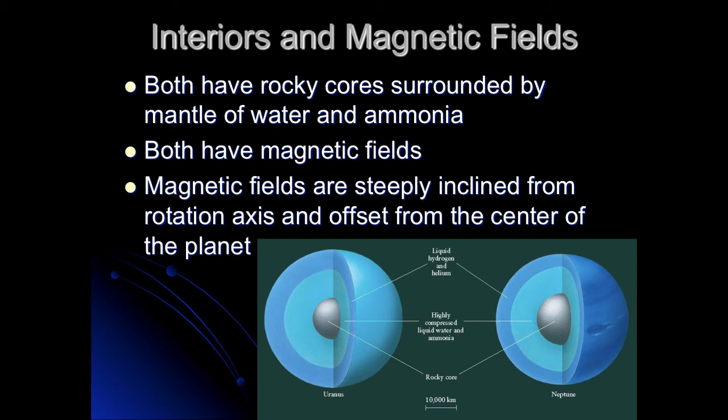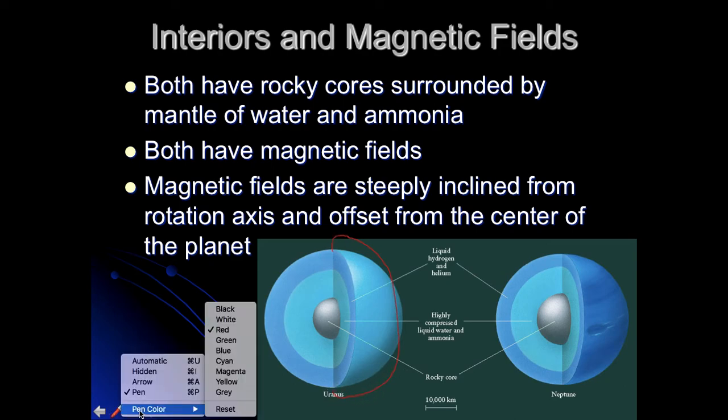Okay, what about the interiors? They both have rocky cores surrounded by a mantle of water and ammonia. They both have strong magnetic fields, and interestingly, the magnetic fields are steeply inclined from the axis of rotation. Normally a magnetic field comes out directly around the planet, like this.